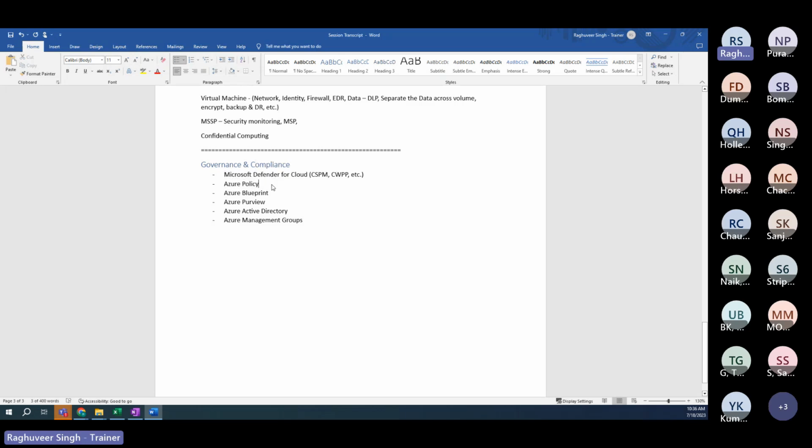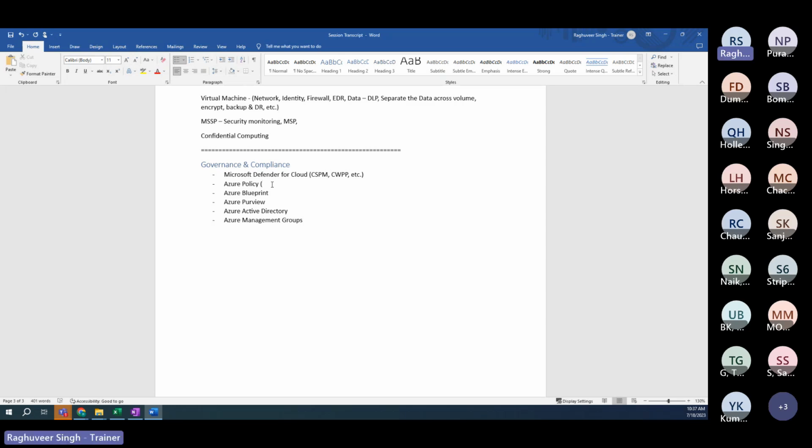Azure Policy is a service in Azure using which you can enforce org standards and you can assess compliance at scale. So let's say you have a policy in your company that nobody should be able to provision a virtual machine with a public IP, or nobody should be able to provision a virtual machine of a specific SKU. SKU means size of the virtual machine because it is directly related to cost.